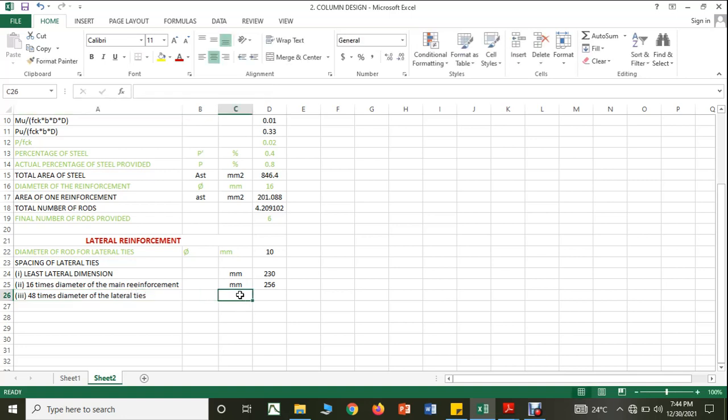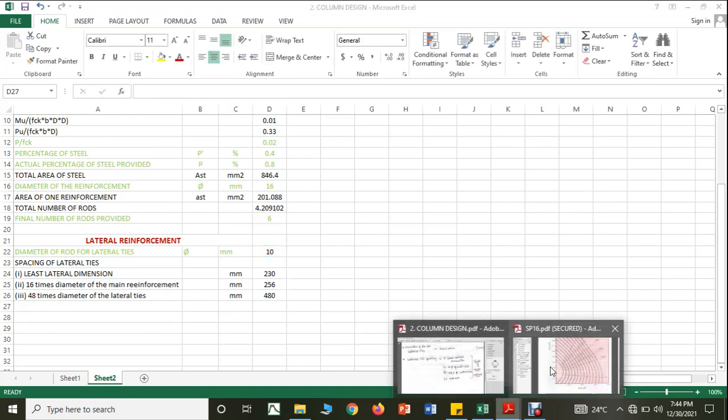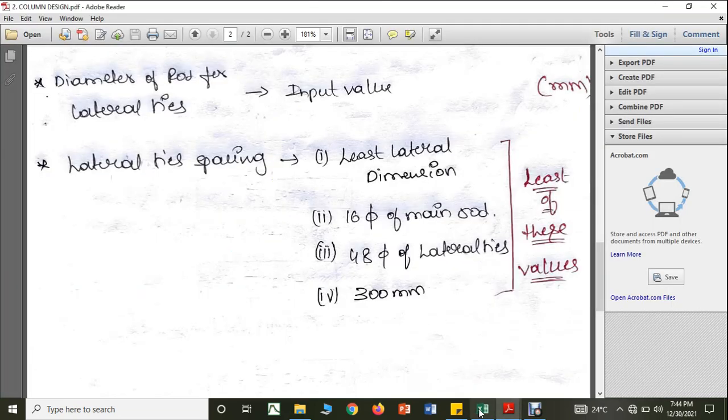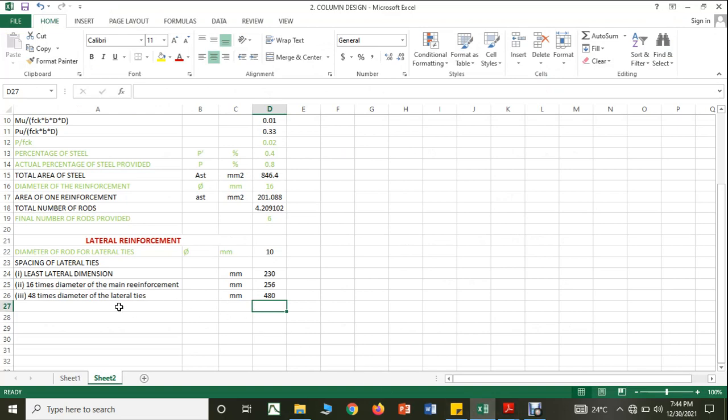That will also be in mm, and it will be 48 into this, which will give you 480. The last one will always be 300 mm. So I am going to give 300 here, and that will be in mm.